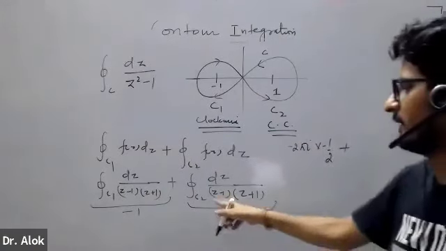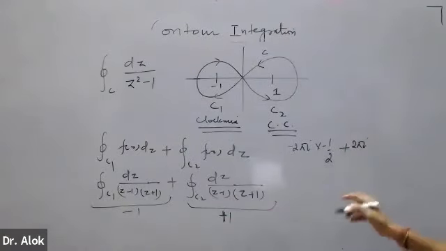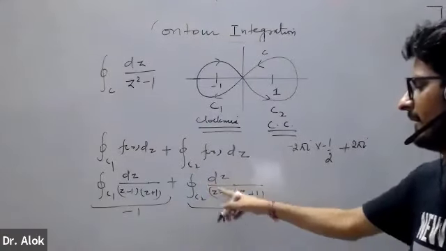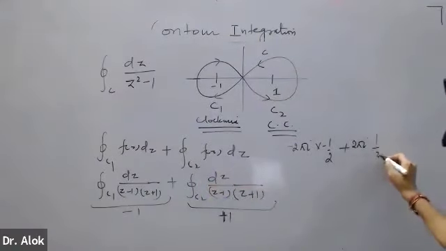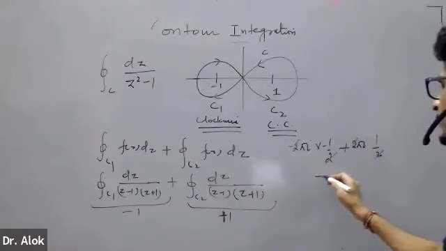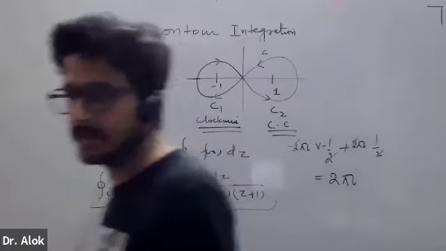Plus, what about this one? This is counterclockwise so it will become 2 pi i, and now z equal to 1, so this will be multiplied and cancelled, and 1 by 2, so this will become 2, and 2 will be cancelled, so it will become 2 pi i. Please check, this is a very interesting question.